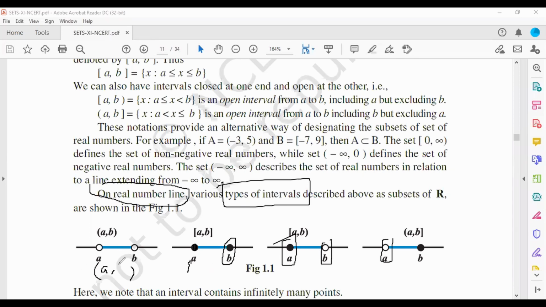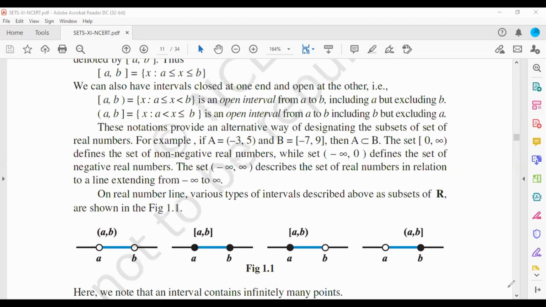So you can see the blue shading, and the interval is named A comma B. Here both are included, square bracket A, square bracket B. And here it is a square bracket at A and a curved bracket at B: closed at A, open at B. Everything is depicted as I showed you, the shading of the real number line.